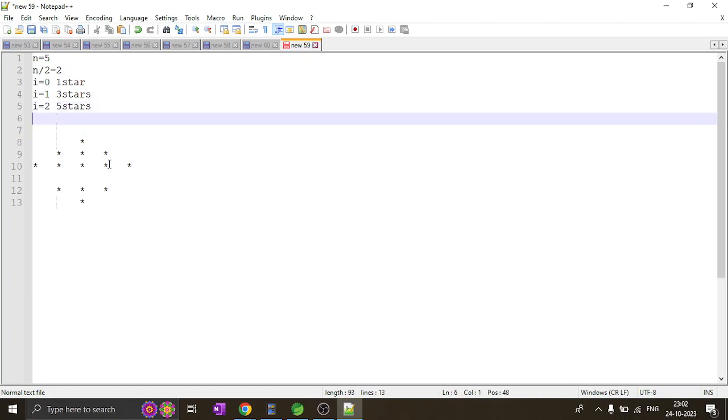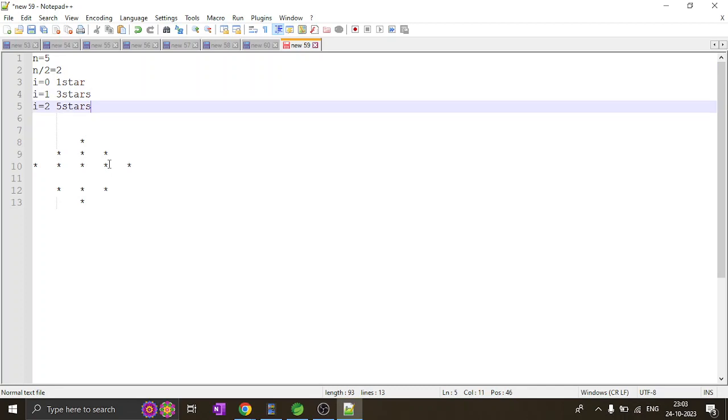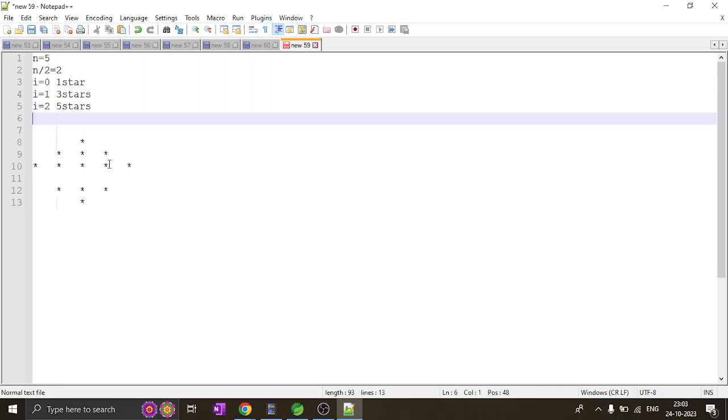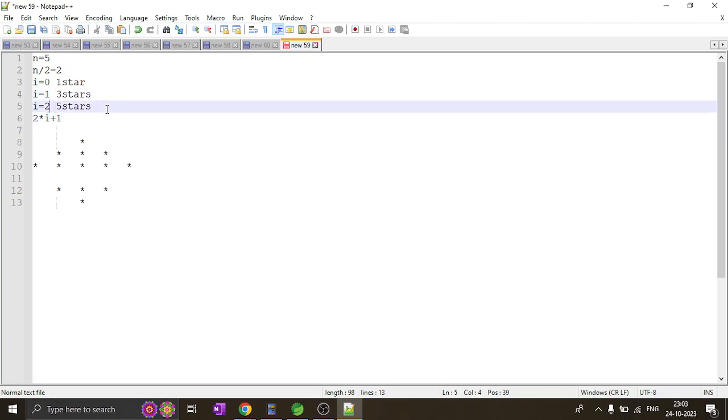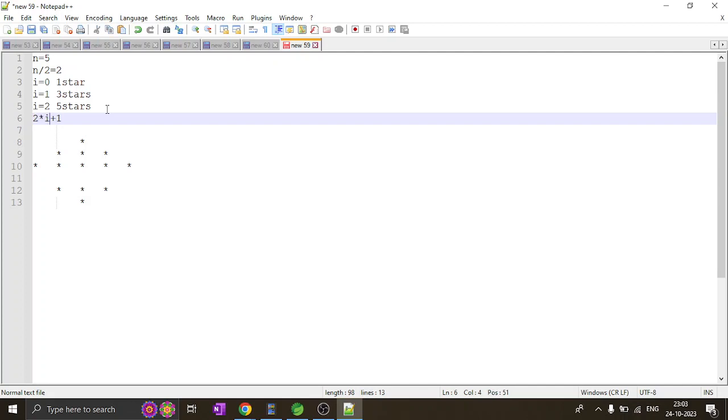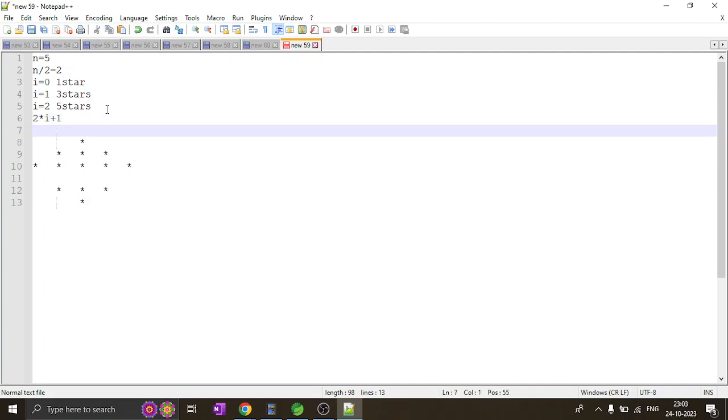So there is some kind of connection here between I and the stars. If we see these, it's something like 2 into I plus 1. So for I is equals to 0, it is 2 into 0 plus 1, which is 1. For I is equals to 1, it is 2 into 1, which is 2, plus 1, which is 3, right?